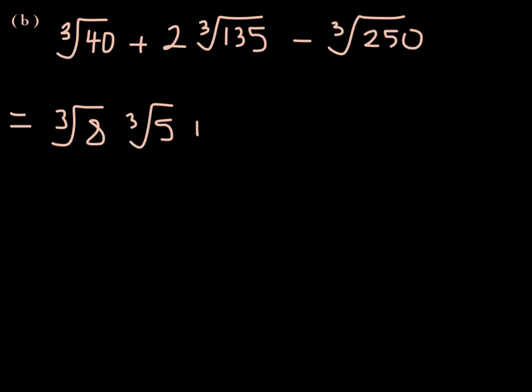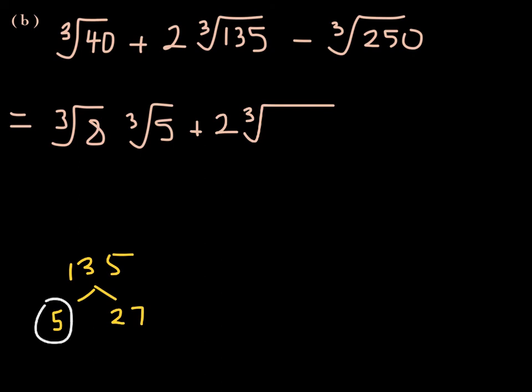Plus 2 times. Now, I am going to rewrite 135 as a product of its prime factors. So come with me down here. Now, you don't have to do the factor tree if you don't want to. But 135 is 5 times 27, okay? And then, 5 is prime. 27 is 3 times 9.